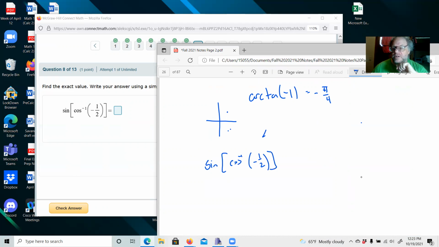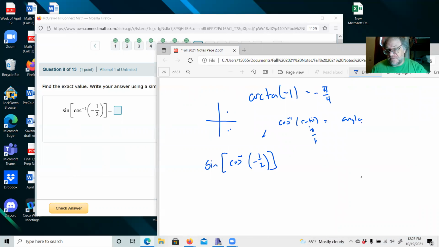The important thing to remember, inverse cosine takes a ratio and turns it into an angle. Because I will try to mislead you. An angle or a ratio could be pi over 6. You could take the cosine of pi over 6.